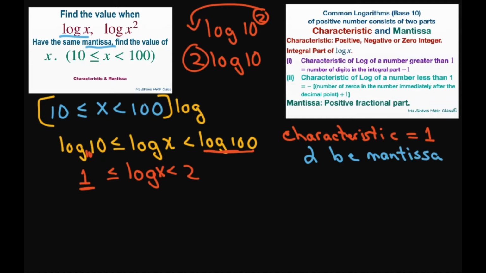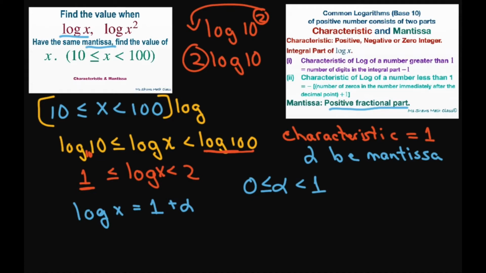So then if we do that, we have log of x equals our characteristic plus our mantissa. The mantissa is a positive fractional part. So that means our mantissa here has to be greater than or equal to 0, but less than 1, because it's a fraction.